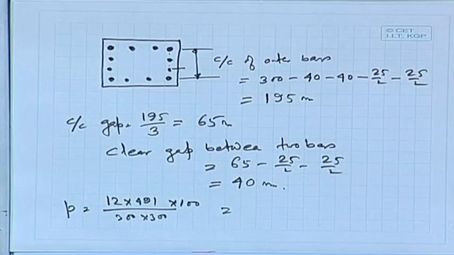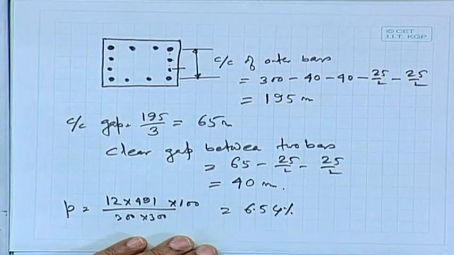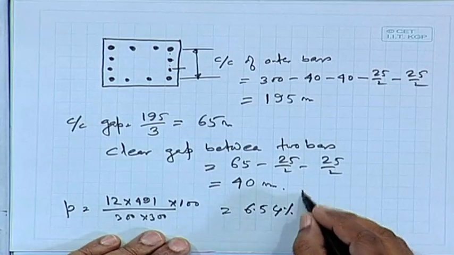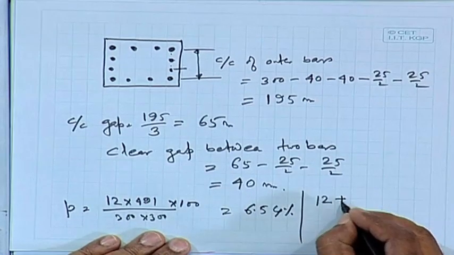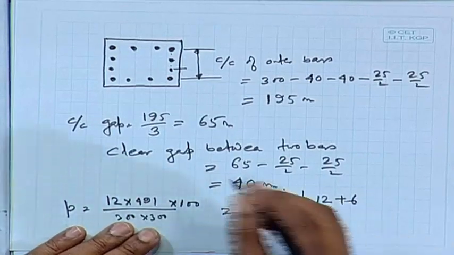Even then we are getting 6.54%. So, when we are providing the lap, it should be 12 bars plus 6 bars in a particular section, side by side.